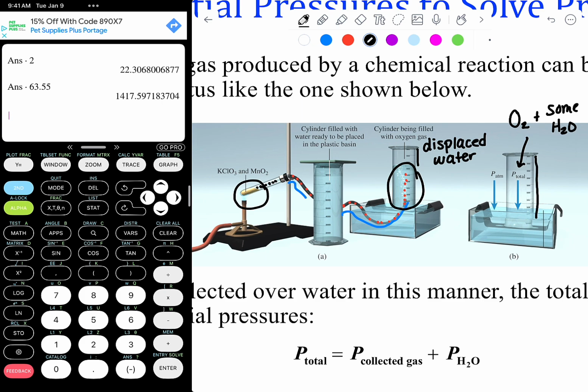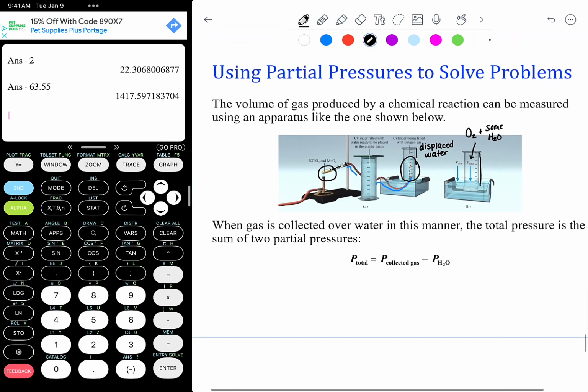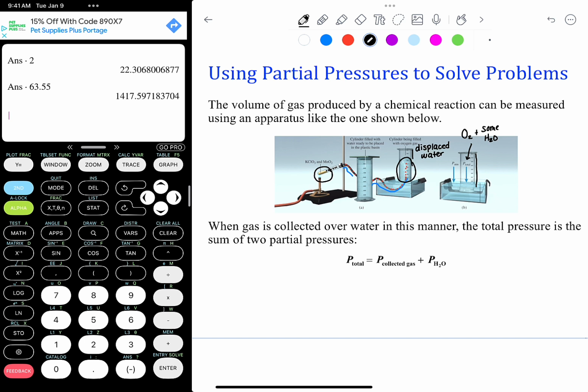So when gas is collected over water in this manner, the total pressure of the gas in the cylinder is the sum of the two partial pressures. Those partial pressures being the collected gas, which is in this case the oxygen, as well as the pressure of the water vapor.